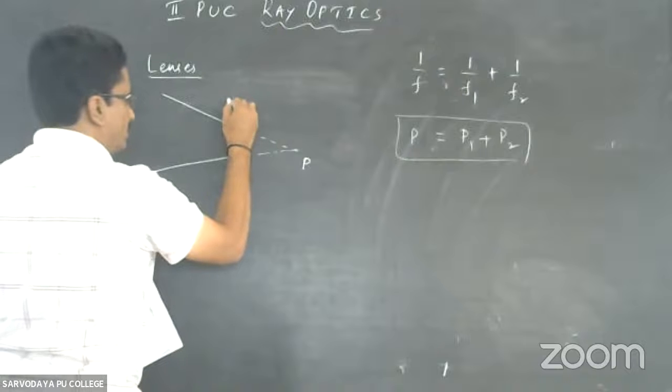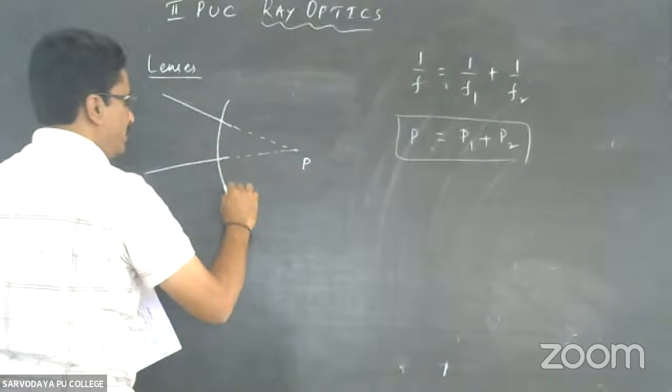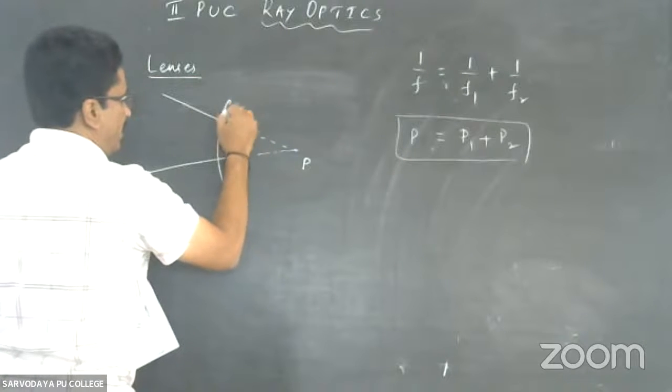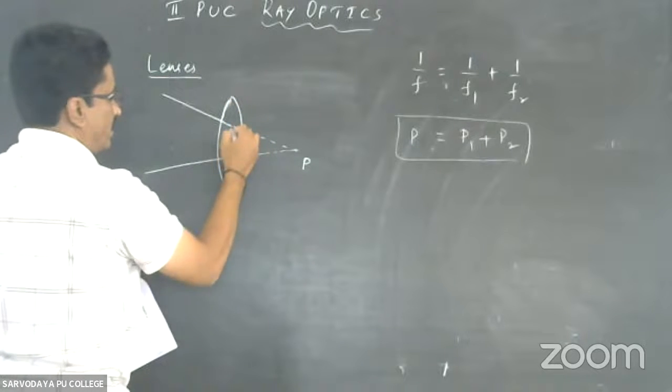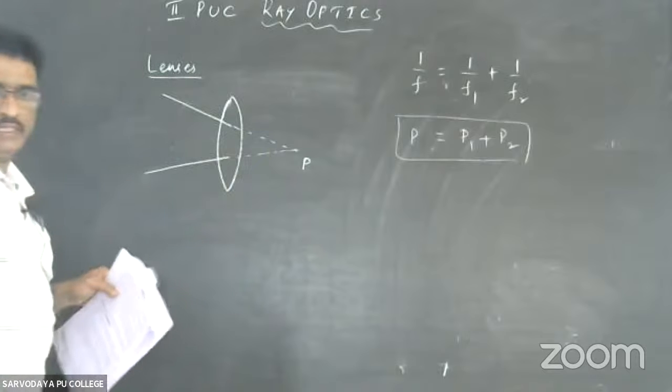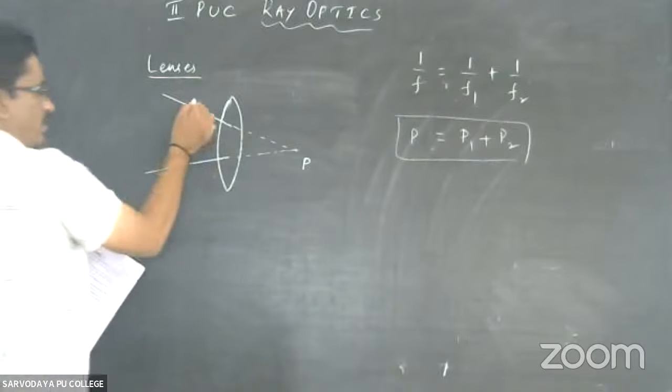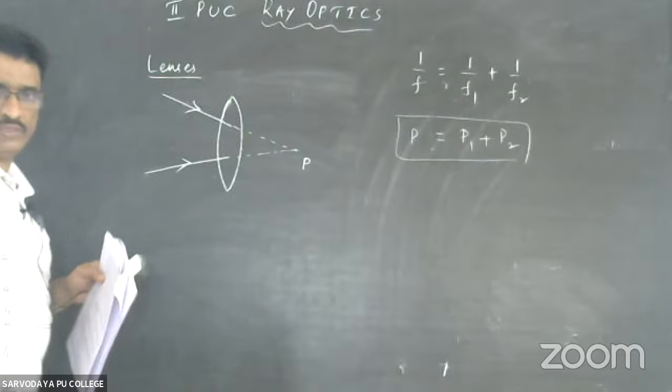But what actually they have done is, they have introduced in the first place a convex lens in the path of the convergent beam. Already you know, a convex lens is the converging lens.